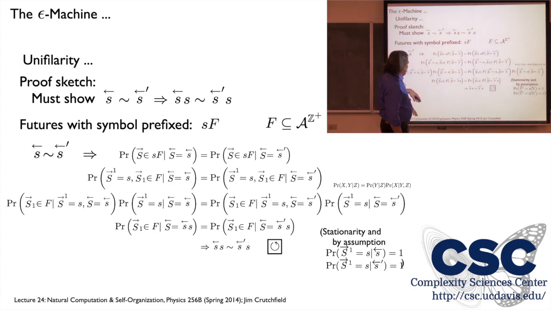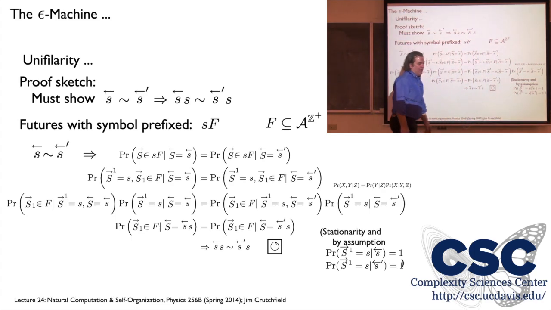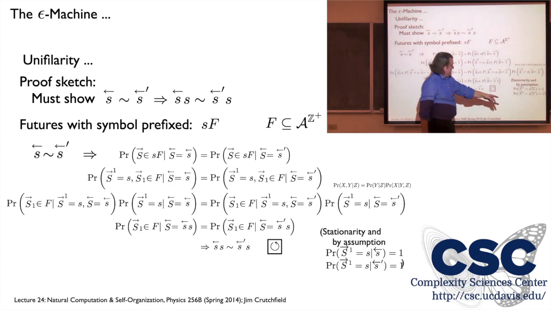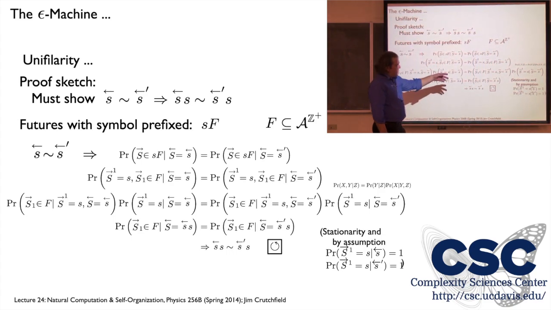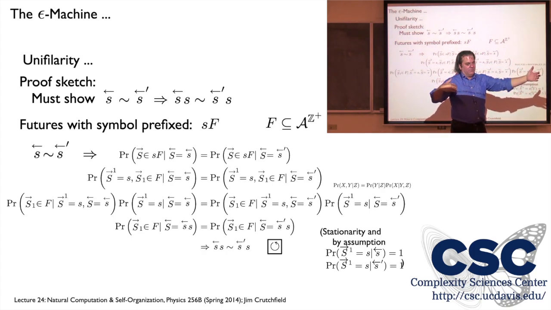But it turns out we assumed that in going one step forward after both of these histories, S and S prime, we saw the symbol S. That means this factor and this factor here are 1 by assumption. Also, I say stationarity here because when I saw S and S prime, they could have been separated by some time, so I have to assume the probabilities aren't changing.